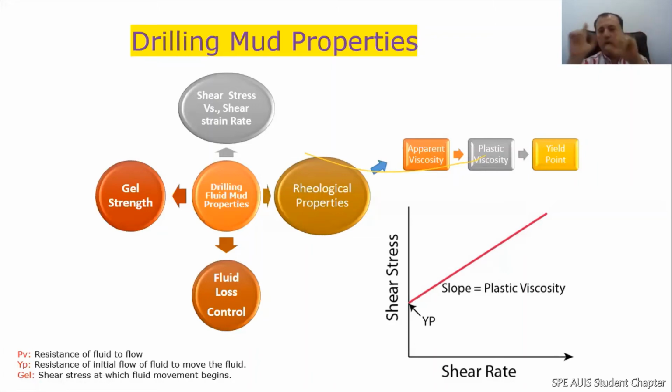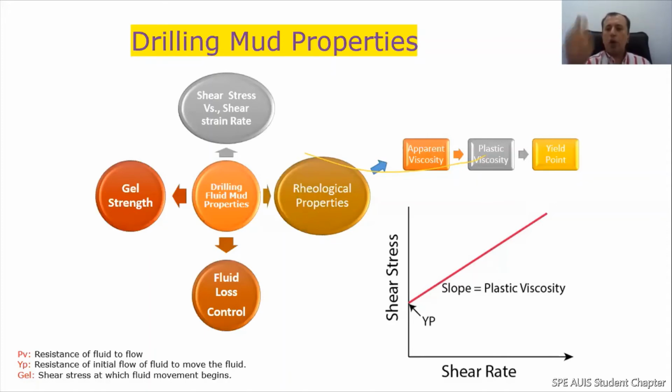But now, mathematically, you have to take those parameters out. Otherwise, you will not be able to use that drilling fluid in the field. Otherwise, you will not be able to use that cement slurry in the field. You have to take those numbers out. You have to be familiar with them.